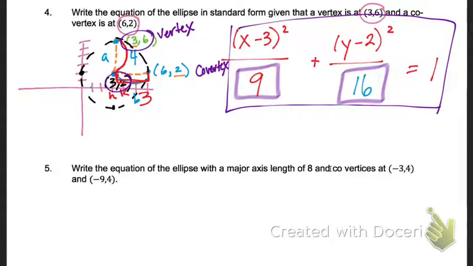Okay, the next one, it says, write the equation of an ellipse with a major axis length of 8, and then co-vertices at -3, 4 and -9, 4. So I'm going to draw my picture. Going to make it where the second quadrant is mostly showing, because that's where most of my points are.